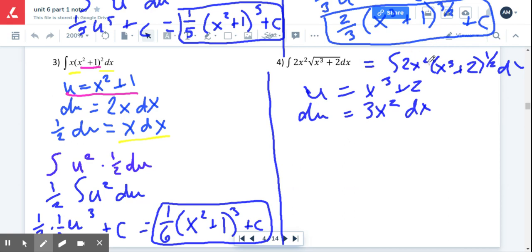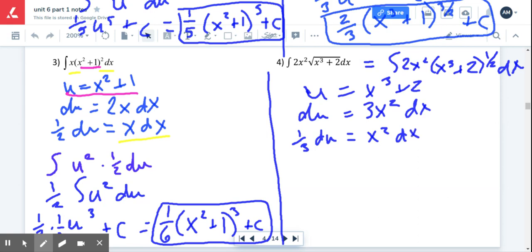All right, so we have a different issue this time. In our original function, we have a 2x squared, and down here we have 3x squared. So it's a different but kind of similar issue. We don't really need to worry about it too much because we know that we can divide by 3 on both sides, and that's fine, like we did in the last problem.